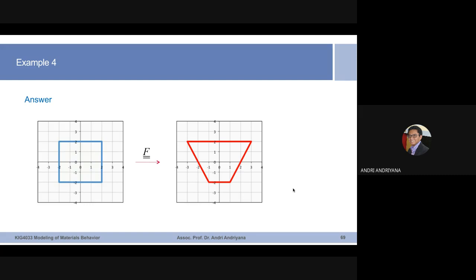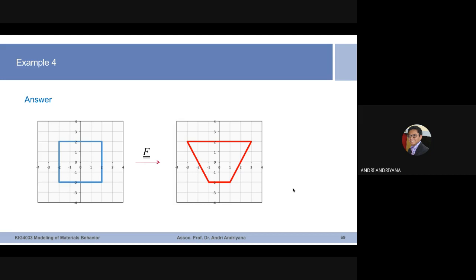So we have learned to use the deformation gradient to predict the deformed shape of materials. In this example, the square element becomes this trapezium element. So this is how we use the deformation gradient F.